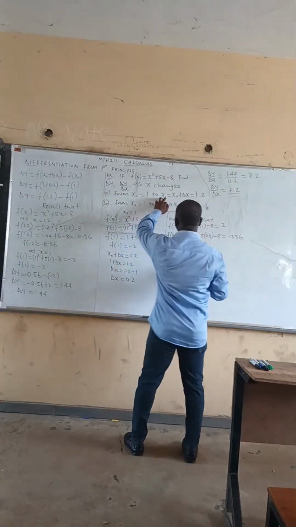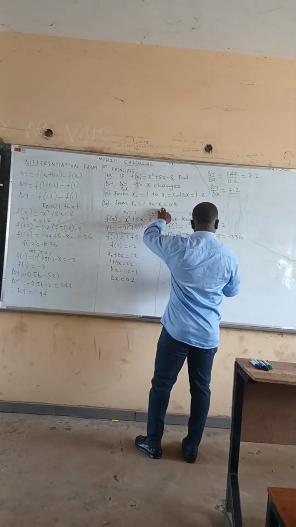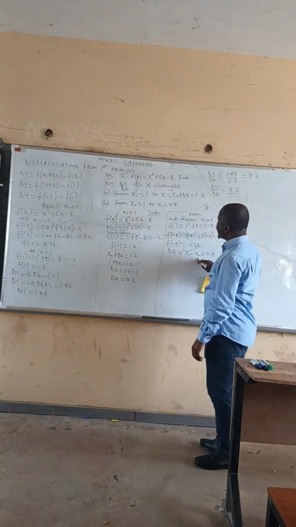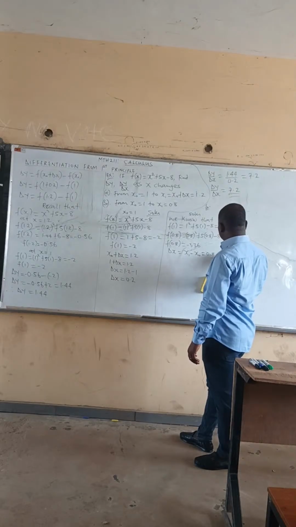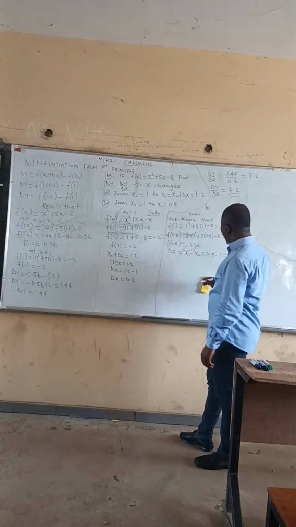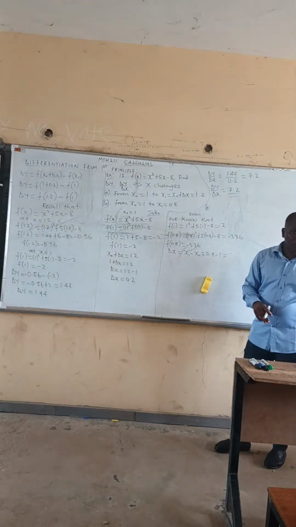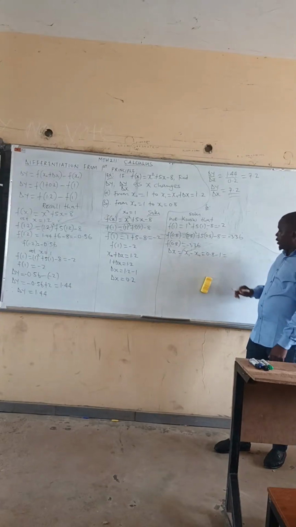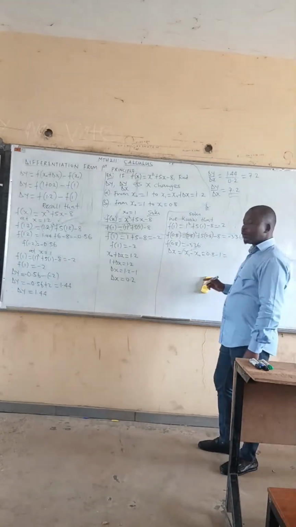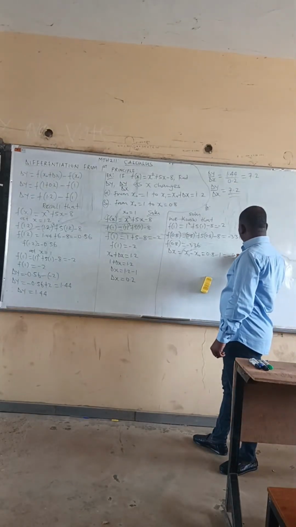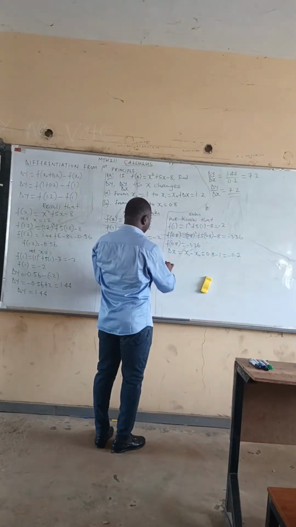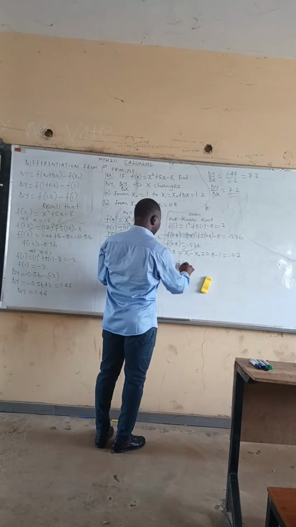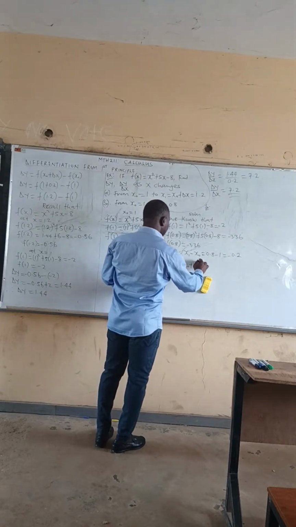So our x1 is 0.8, and x naught is minus 1. So 0.8 minus 1 gives minus 0.2, right? Okay. So now let's obtain our dy equals f of x naught plus dx minus f of x naught.